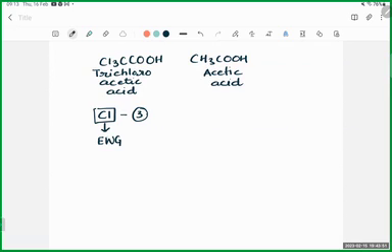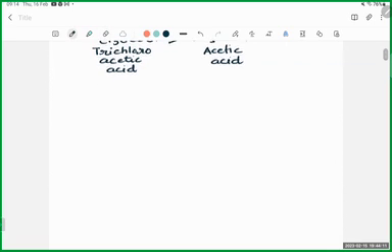So an EWG enhances the acidic nature. So the more Cl, the more acidic. So we say this compound is more acidic than this. Clear?